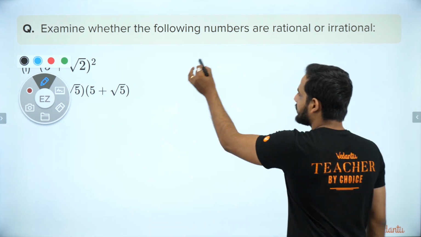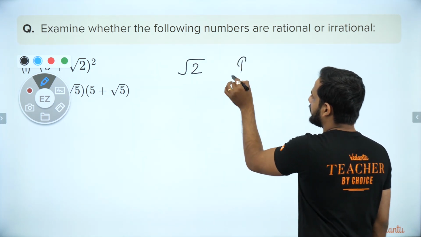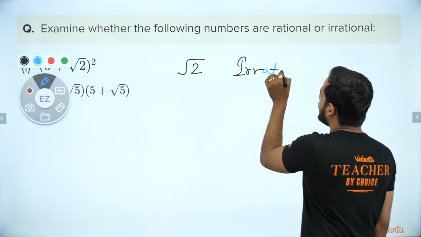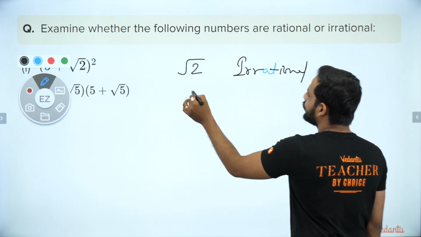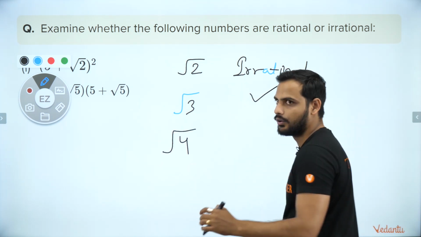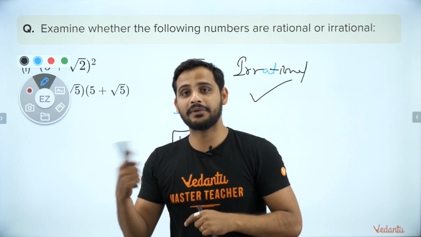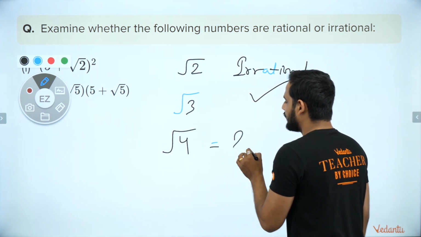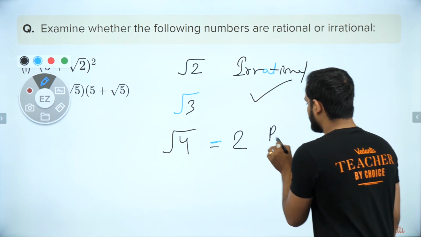Root 2 is irrational. Root 3 is also irrational. Root 4, no. Root 4 can be written as 2, so it is rational.